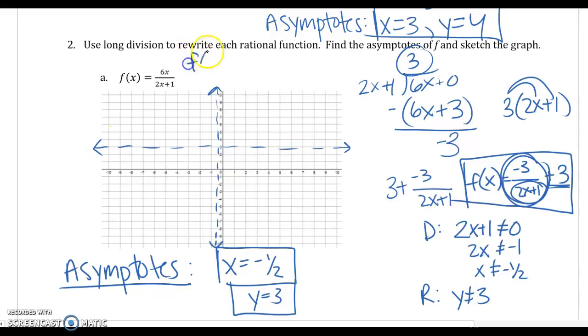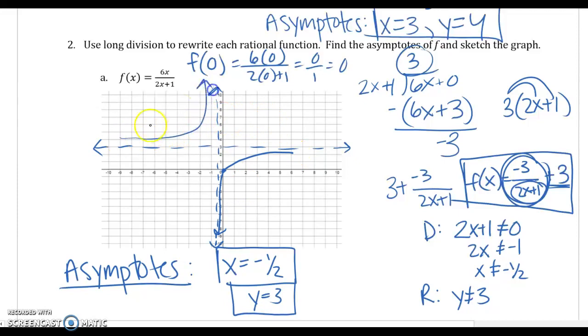Let's do 0 again because it's within the domain and because it's an easy one to use. So 6 times 0 over 2 times 0 plus 1. 0 over 1, which is 0, so we get to use 0, 0 again. So we know this time, since we have that point, we have quadrants 2 and 4.